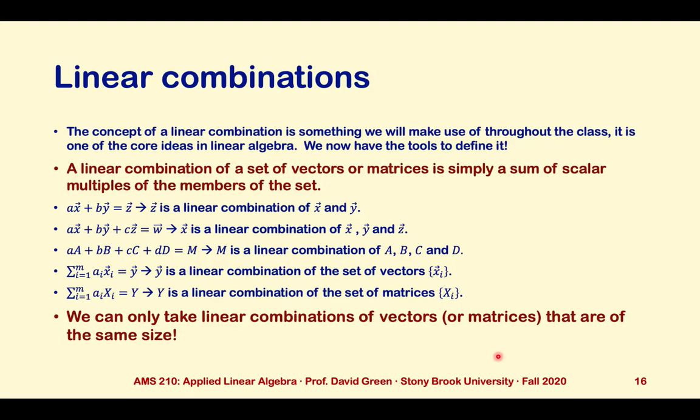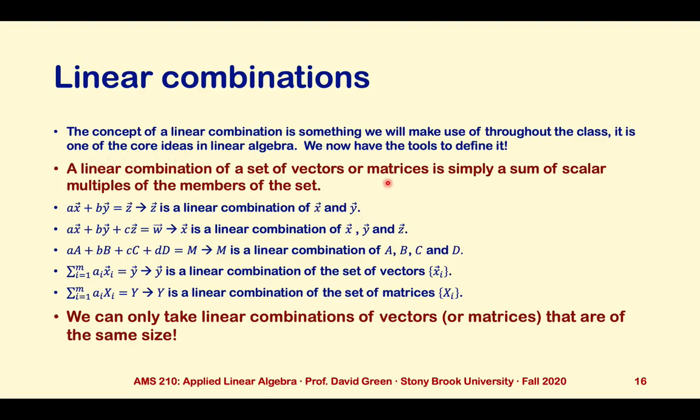Once we have scalar multiplication and addition, we can define the idea of a linear combination. Linear combinations are something that we are going to be revisiting throughout the class. It's one of the core concepts in linear algebra. So I'd like to introduce the idea now. We will be coming back to this again later in the class.